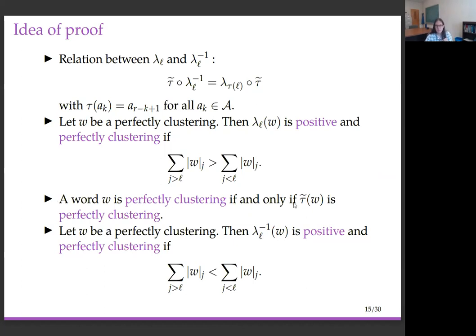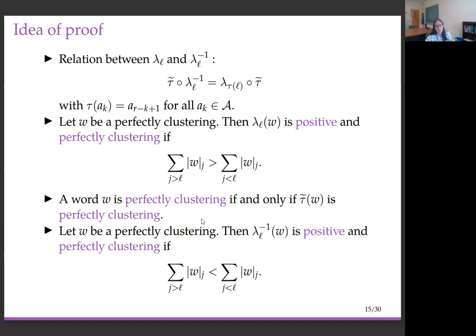And one important property is that if a word is perfectly clustering, then its image under the mirror image and tau is also perfectly clustering, which is false if we take only one of the two morphisms. If you take the mirror image alone, you will get a perfectly clustering word, but it will be in the same conjugacy class, which is not interesting in that case.